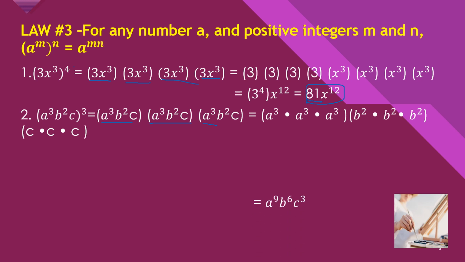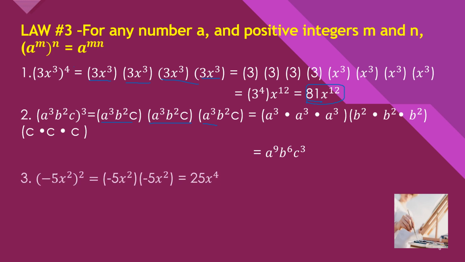The final answer is a raised to 9, b raised to 6, and c cubed. So just multiply the exponents. And then here we have negative 5x squared, and it also has an exponent outside, squared. That means we need to multiply that twice. So negative 5 times negative 5 is 25, and then multiply the exponents. That's why we got 25x to the 4th.